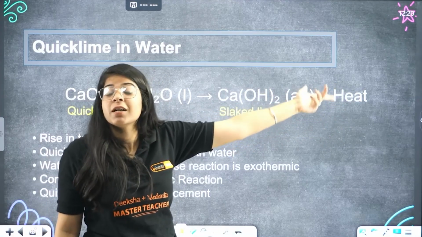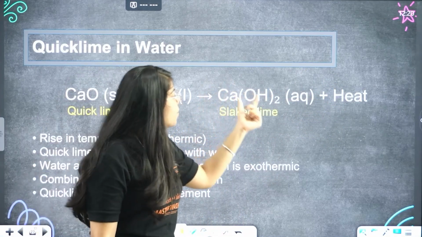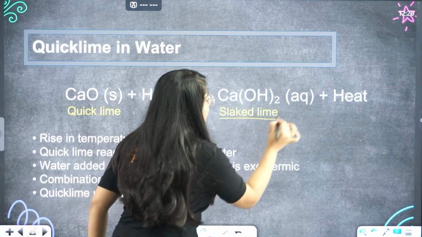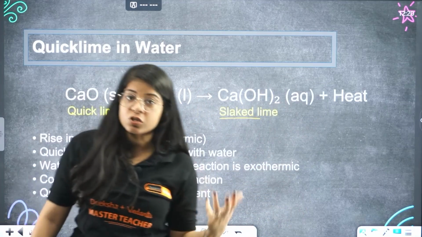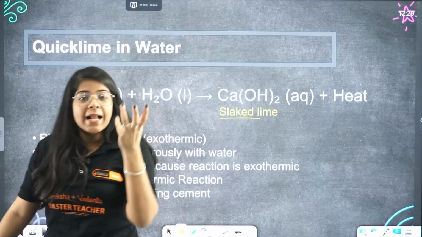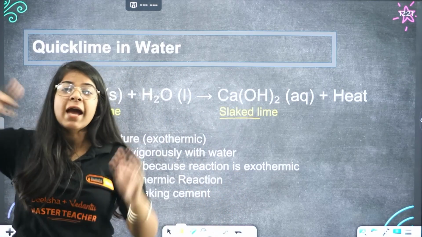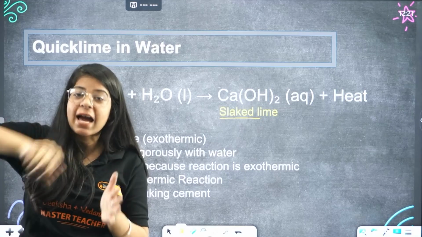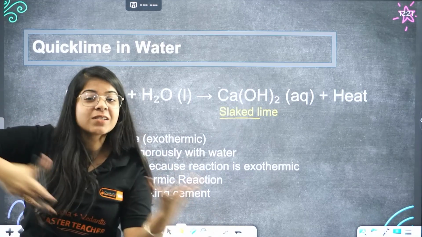But heat is what? Heat is a byproduct. What we need is calcium hydroxide, slaked lime, that is an aqueous solution. So you remember, whenever those workers put calcium oxide with water, they leave it, the heat goes up and they get an aqueous solution.